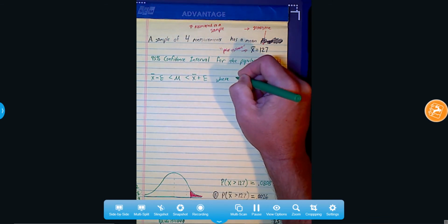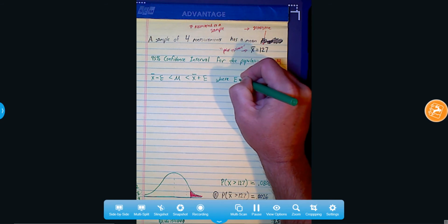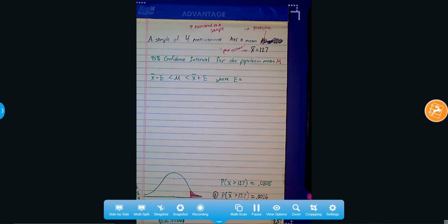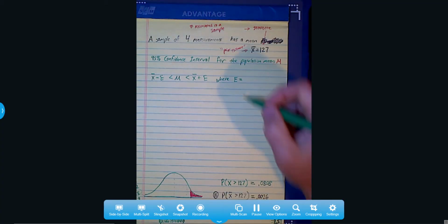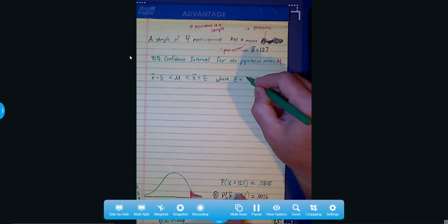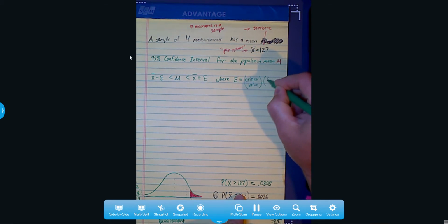where we need a formula for the margin of error. And the formula is going to be different depending on what you're trying to catch. So E here is going to be, in general, a critical value times what we might call the standard error.